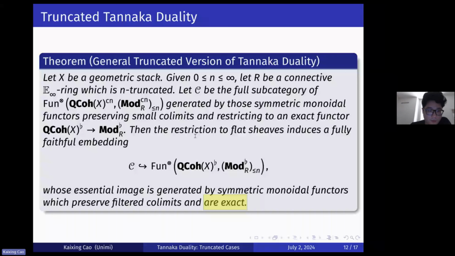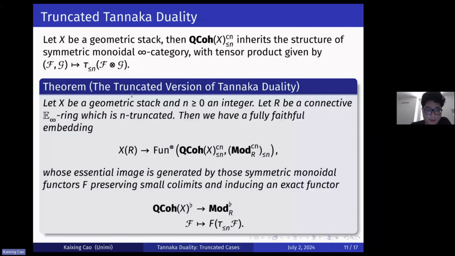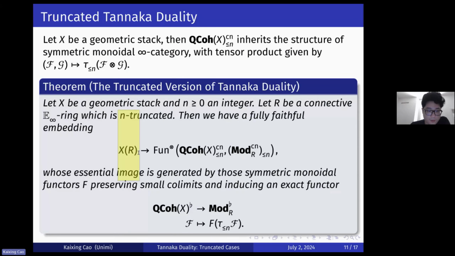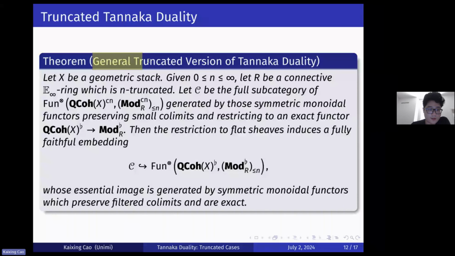We will deduce our truncated version of the Tannaka duality from this general case, but the difference of these two theorems is this is drawn from the R point, from the mapping space from the spectral of R to X, and this truncated version is to study if we have the restriction of the functor category to the functor category between the flat objects.